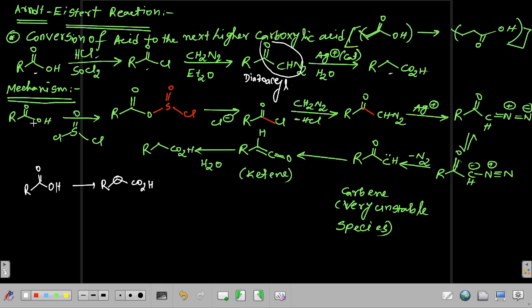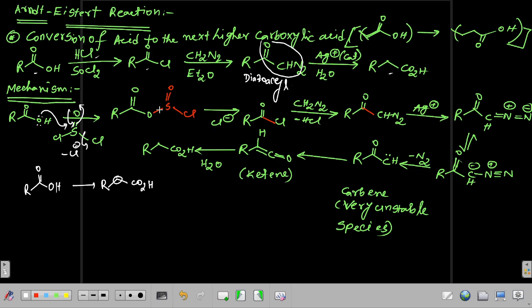So it will first start with the starting material, carboxylic acid. Here in this carboxylic acid, this hydroxyl group oxygen has a lone pair. This lone pair will attack on the sulfur of the sulfonyl group, and it leads to the removal of the chloride ion.